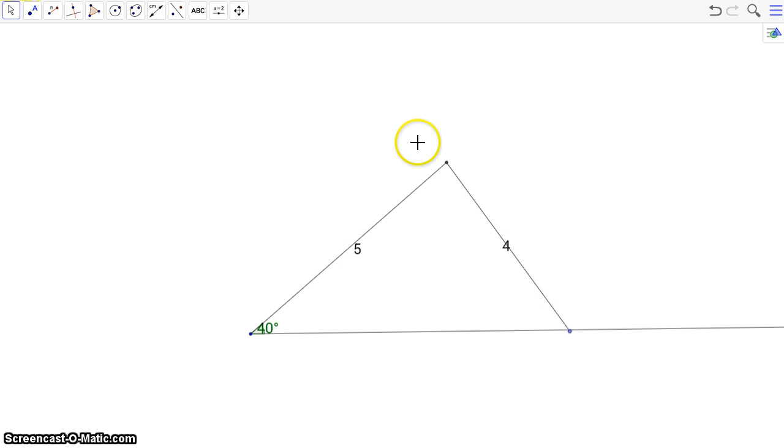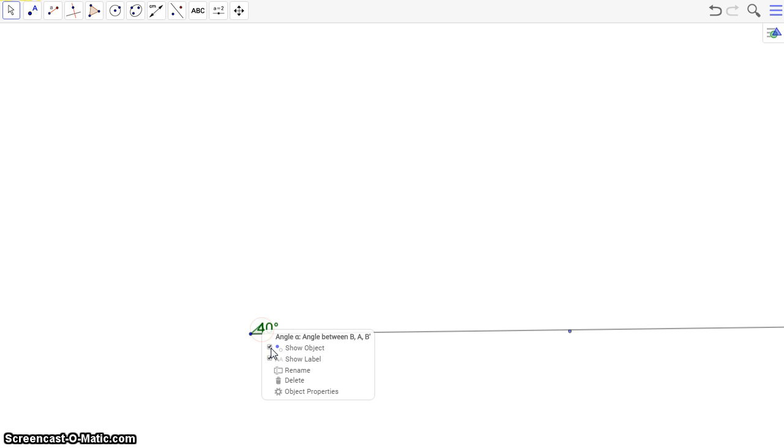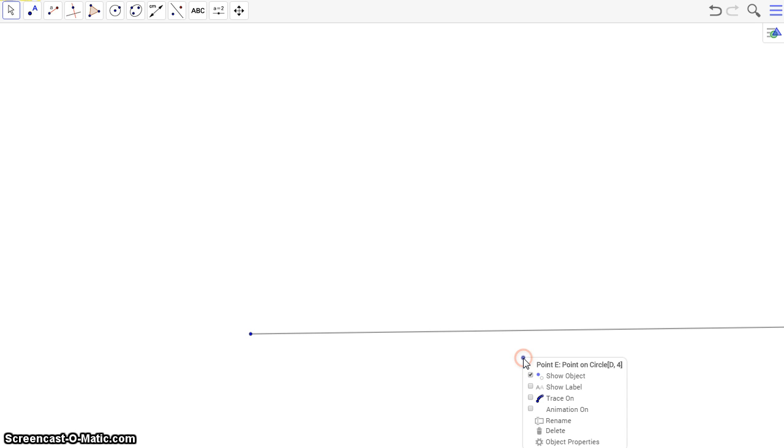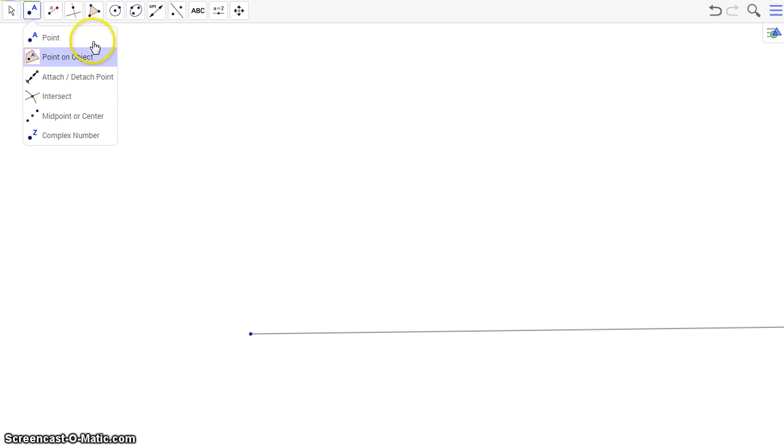So let's get rid of our starting point here, and let's get rid of our angle. I'm going to make a new one. Our new triangle. Let's throw a point over here so I can make an angle.